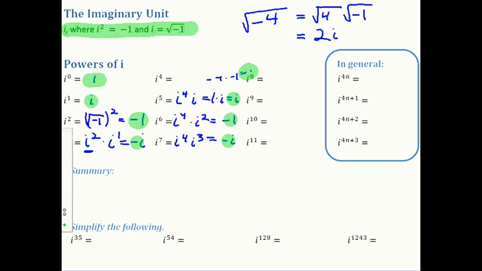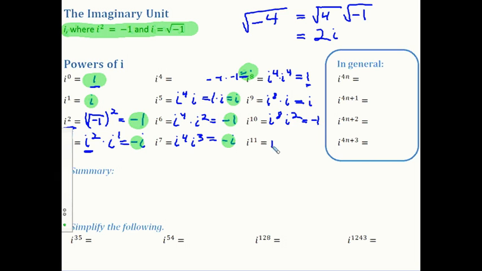So we'll see i to the 8th, we could think of i to the 4th times i to the 4th, which is 1 times 1, which is just 1. So we see that pattern continues. 1, 1, and 1. i to the 9th, well, we just saw i to the 8th is 1, so we'll go i to the 8th times i. i to the 8th is just 1, so this is i. i to the 10th, well, that's i to the 8th times i squared. i squared over here, we see is negative 1, so this is just negative 1.